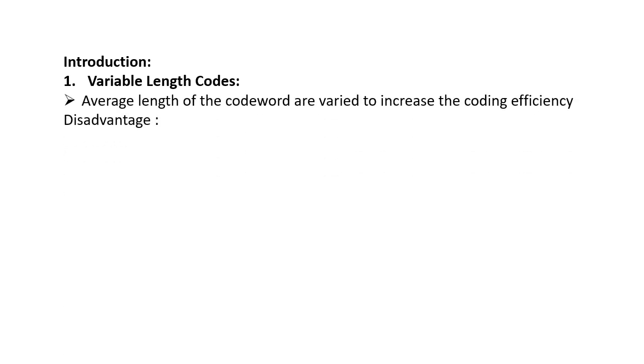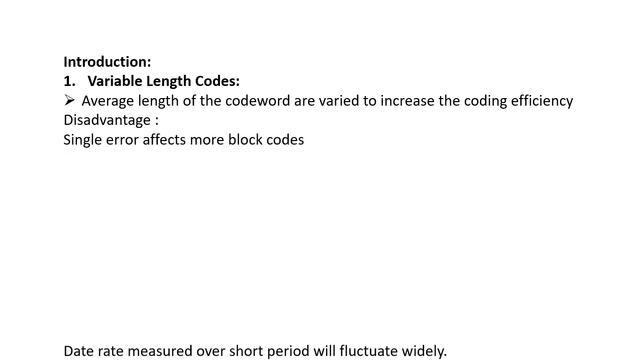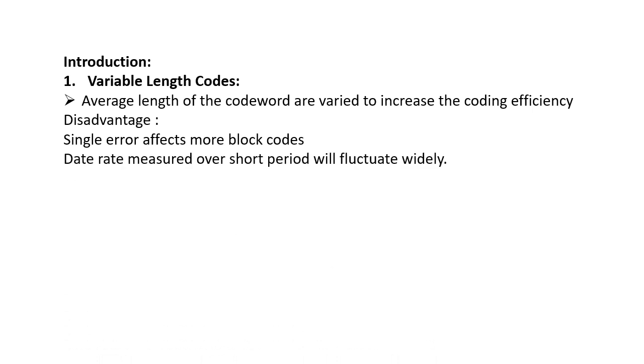In variable length codes, the average length of the code words is varied to increase the coding efficiency. The drawback of variable length codes is that a single error affects more blocks. The data rates measured over a short period will fluctuate widely. So we go for the next type of source coding, that is fixed length codes.